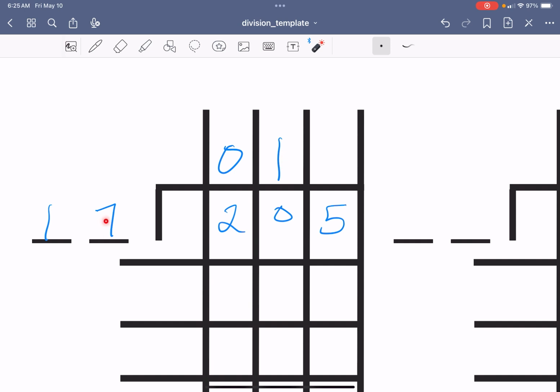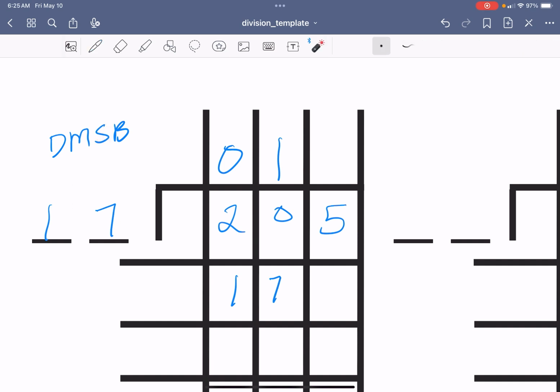So 1 times 17. So let me write out my steps. So DMSB: divide, multiply, subtract, bring down. So we are in multiplying. So 1 times 17 is 17.